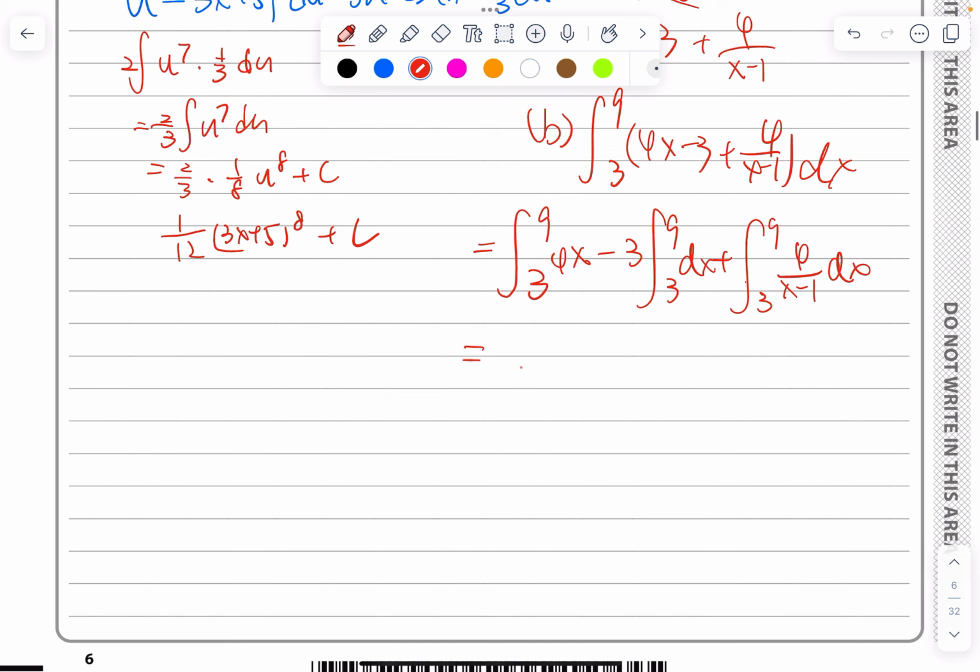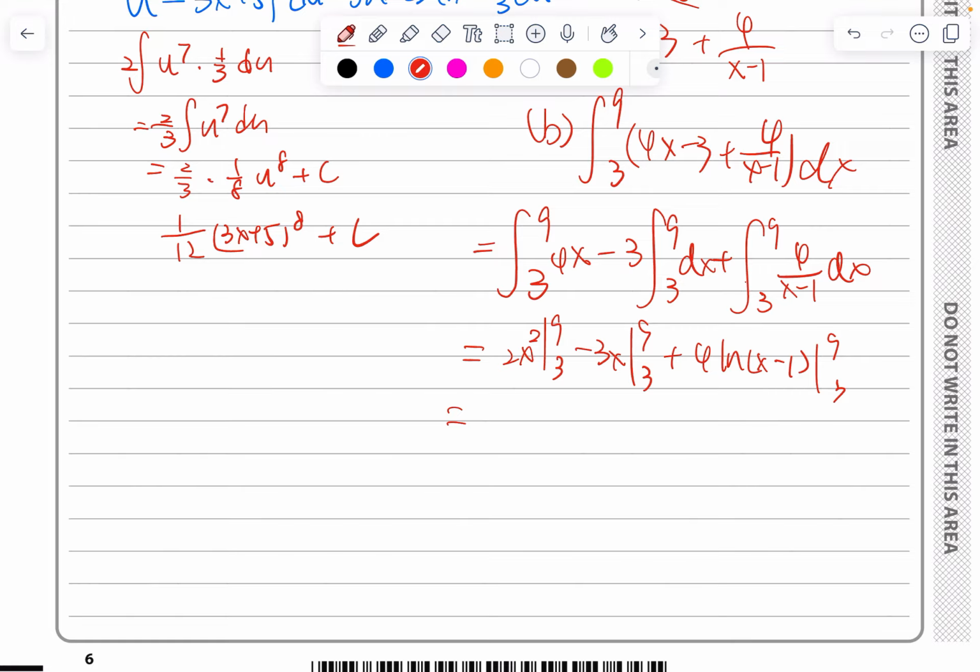This would be 2x squared, from 3 to 9. This would be 3x, from 3 to 9. This would be, we can take 4 out, and then this is simply just 4 ln |x minus 1|, from 3 to 9.